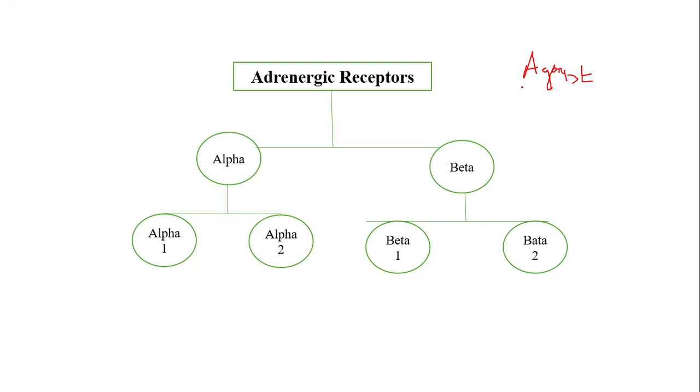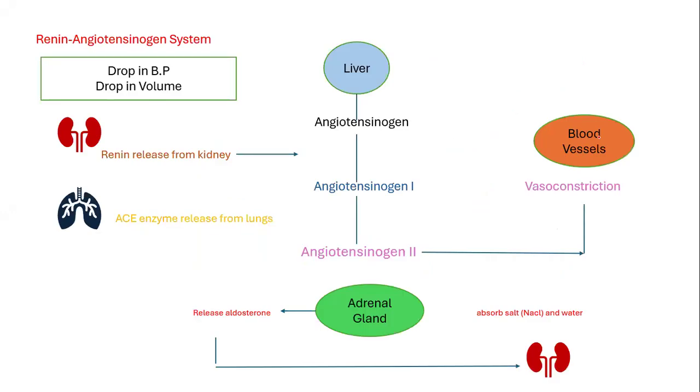They are called agonists, and antagonists are those drugs or agents that will decrease the activity of these receptors. So you need to remember these terms as well: agonist and antagonist, right?